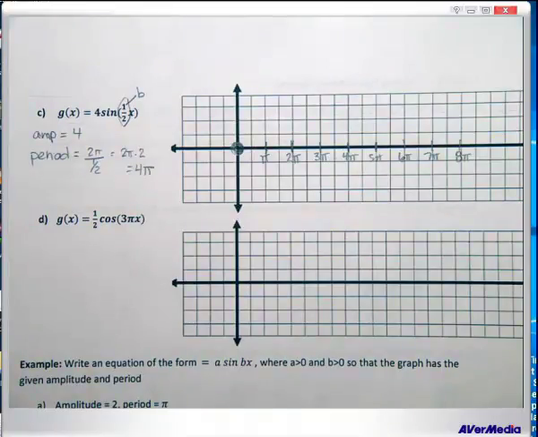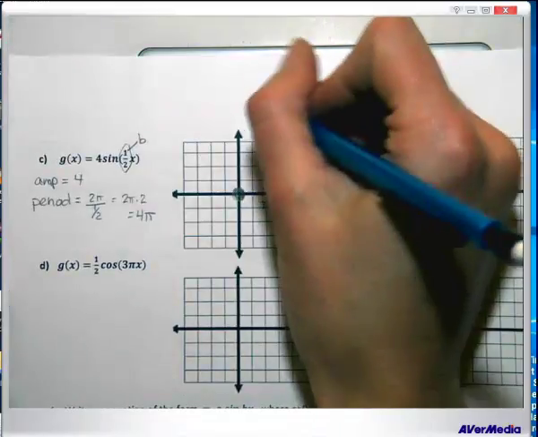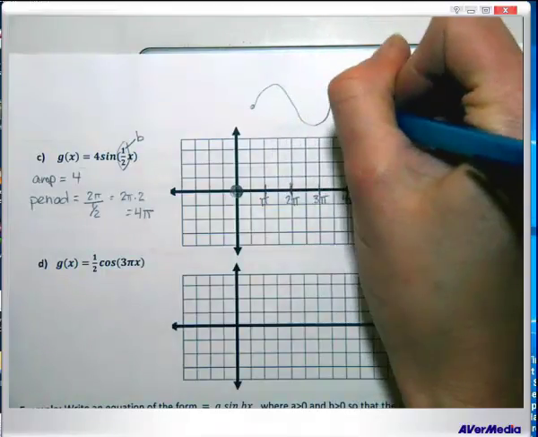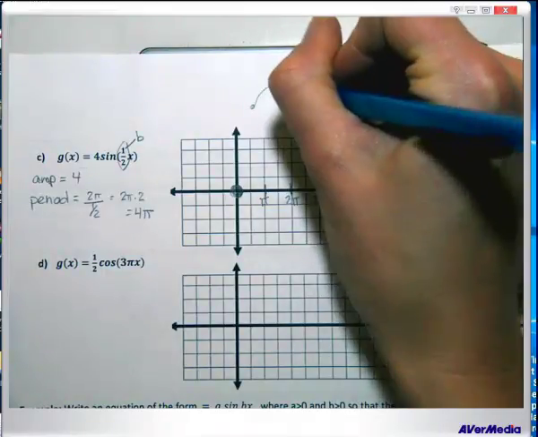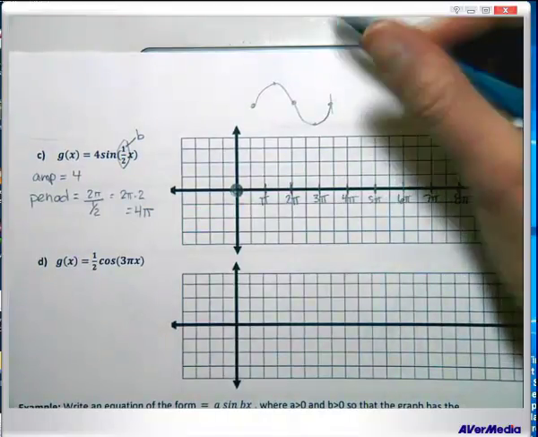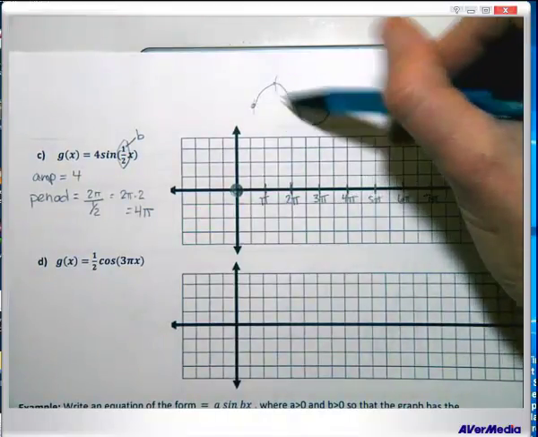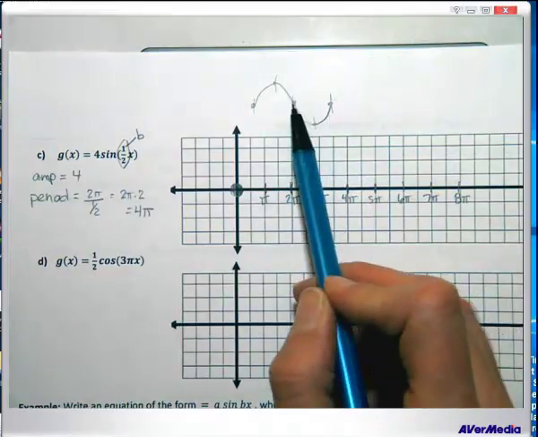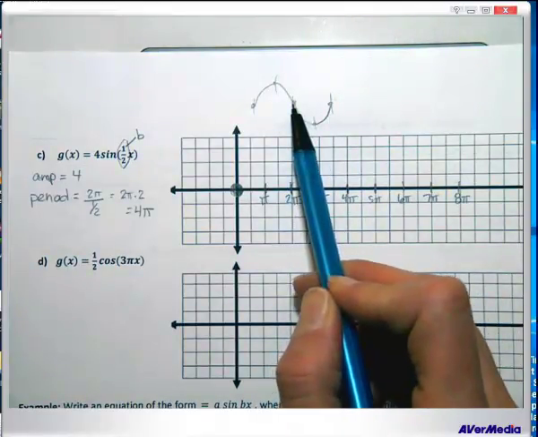If I know that this has to go through a whole cycle in 4 pi, I'm going to think about the sine function. It goes up, down, and back up, and that's 1 period. And that 1 period has to be 4 pi. So if you think about splitting that into sections, these other numbers will occur at all the other pi's, because this middle halfway will be 2 pi.